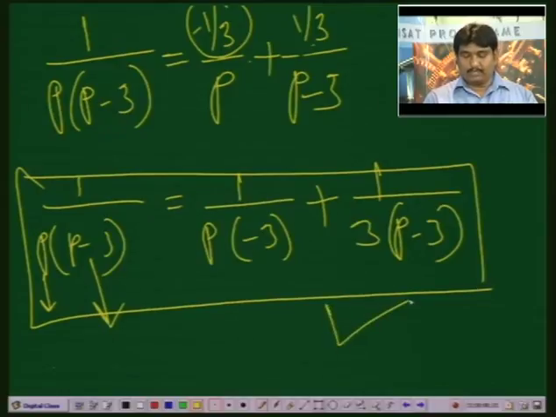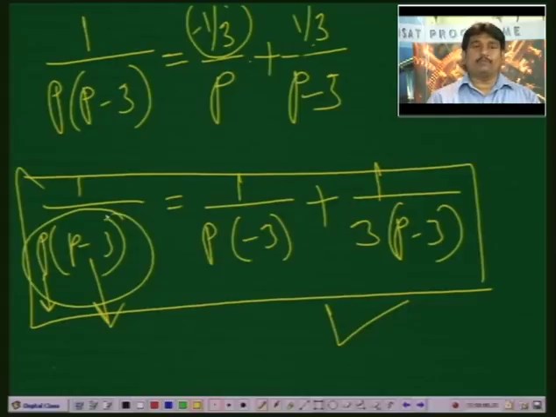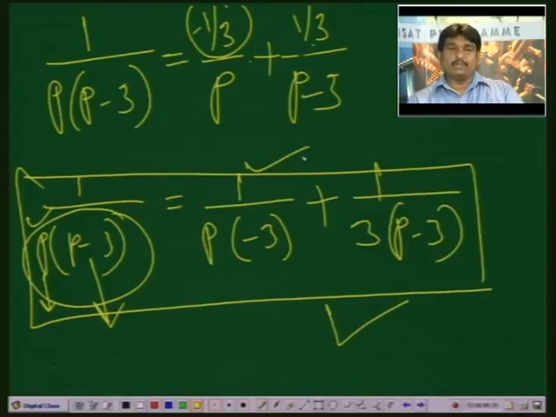But this rule is applicable only if the denominator of a proper fraction contains non-repeated linear factors, no p square, no p cube, no p minus 3 whole square. Only if it is a non-repeated linear factor; p is a non-repeated linear factor, p minus 3 is a non-repeated linear factor. In such cases, we can directly write its partial fraction as minus 1 by 3 by p.